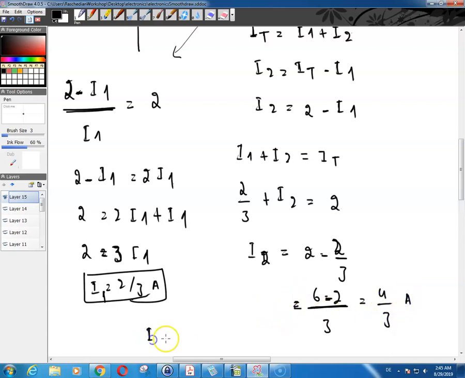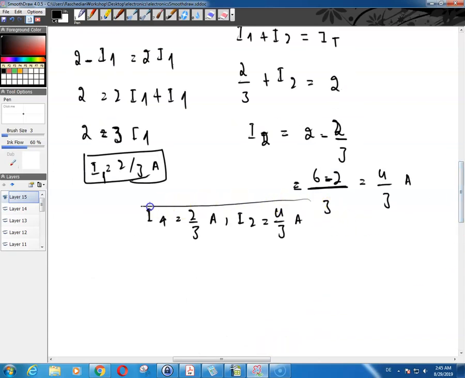So I1 is equal to 2/3 amps, and I2 is equal to 4/3 amps. And if you add these together, you will get 6/3, which is equal to 2 amps.